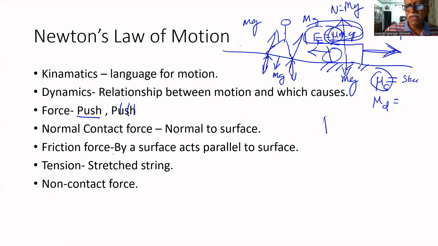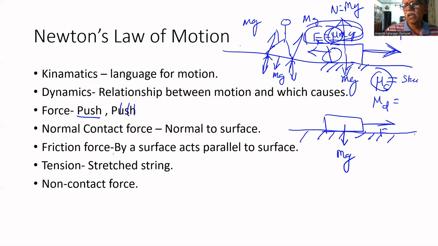So what are the forces acting on this mass? We should know. This is the applied force, and because of weight, mg acts downwards. An equal and opposite normal force acts upward, N equal to mg.